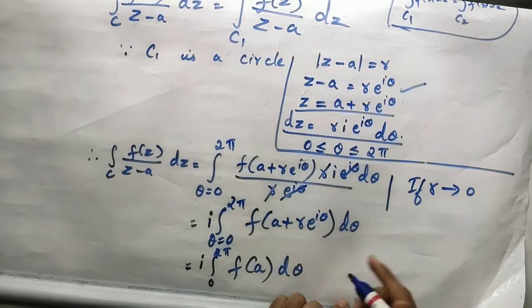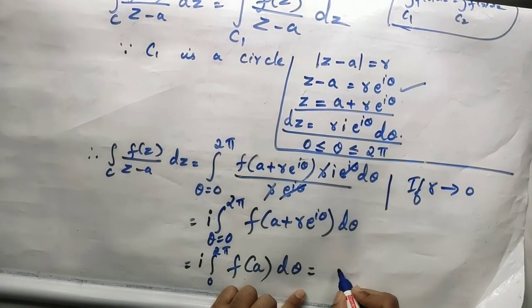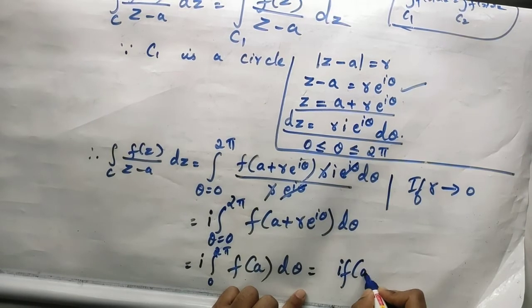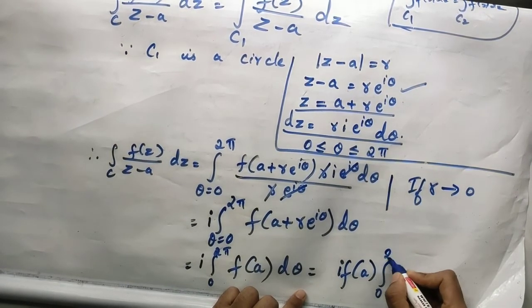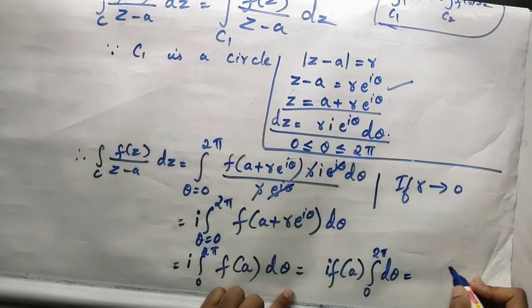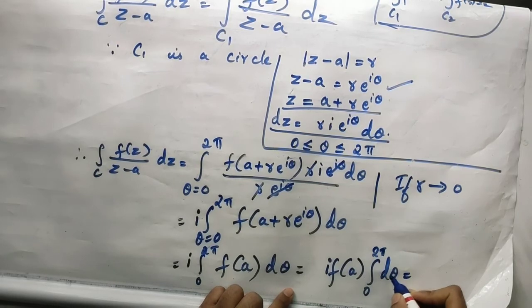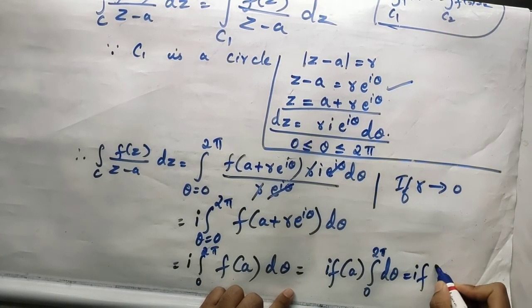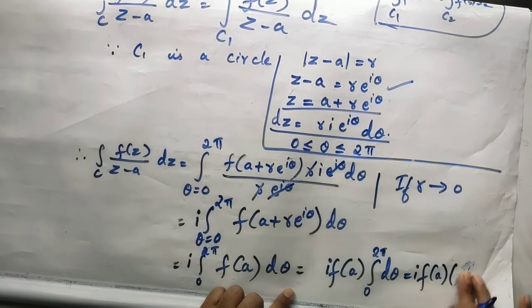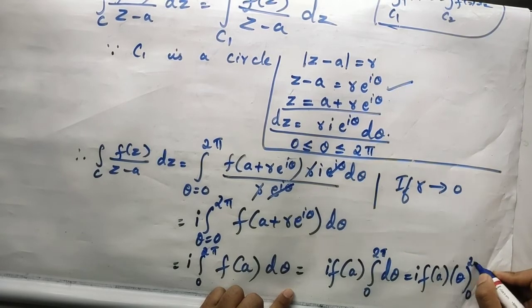Then later this will be equal to, f of a is anyway constant, write it outside, i into f of a, integration theta going from 0 to 2 pi d theta. What is the integration of 1 with respect to theta? i into f of a as it is, so it is theta going from 0 to 2 pi.